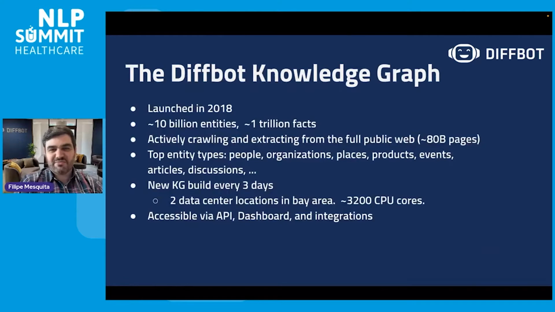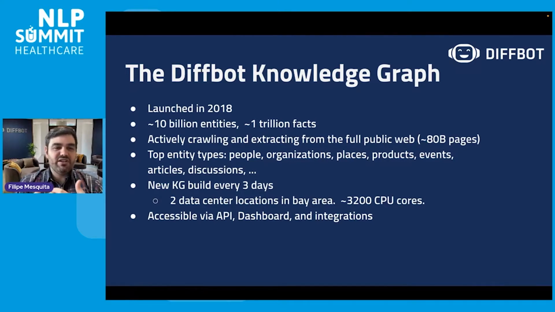So just some facts about the Diffbot Knowledge Graph. We launched in 2018, and we already have 10 billion entities and 1 trillion facts, ballpark. We're building this knowledge graph by crawling and extracting information from the web. Our indices right now are around 80 billion pages.